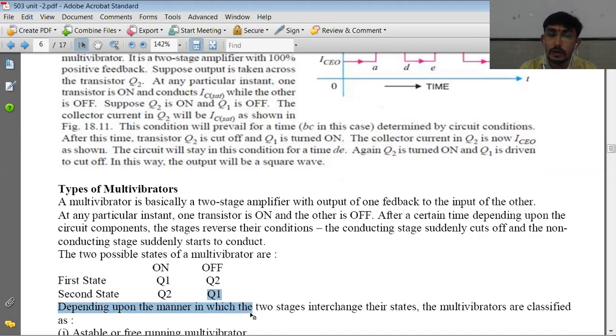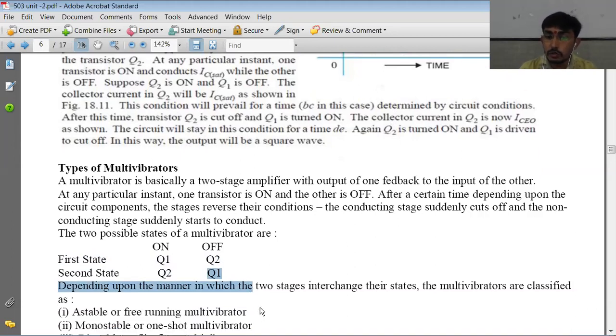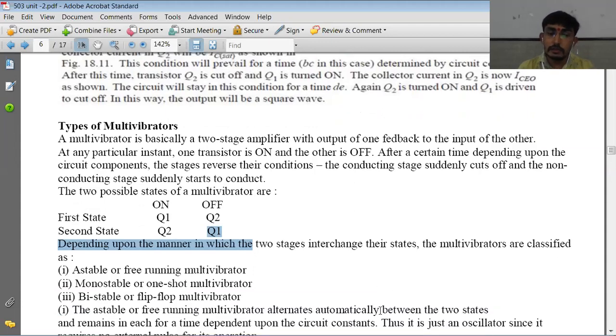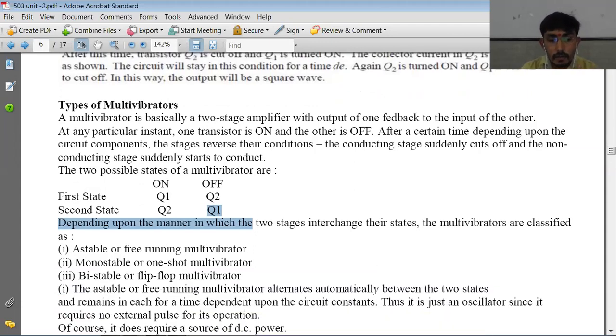And depending on the manner in which the two stages interchange their states, the multivibrators are classified. The first is the astable multivibrator, which means it can generate a square wave by its own.